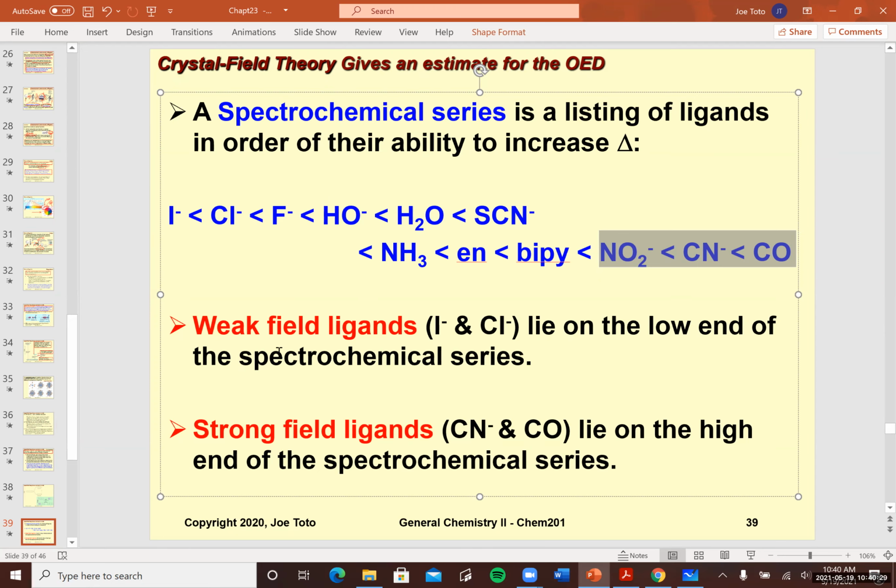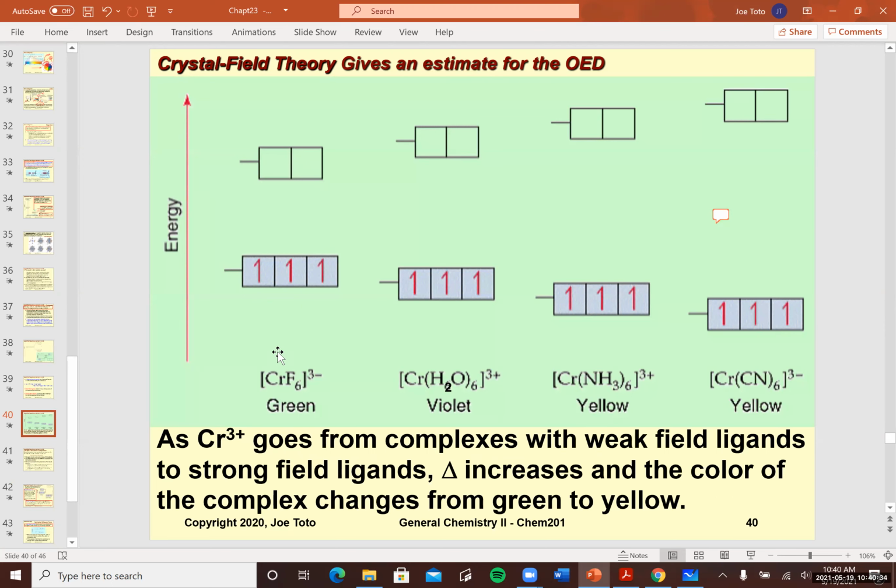Okay, strong and weak field splitters. Now, here's an example of a series of coordinate covalent complexes. We start out with weak field splitter fluoride and end up with strong field splitter up here, cyanide. And you can see how the gaps change, the gap sizes. Okay, any questions on that?